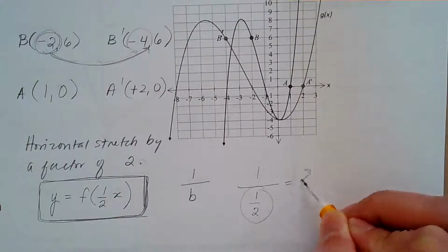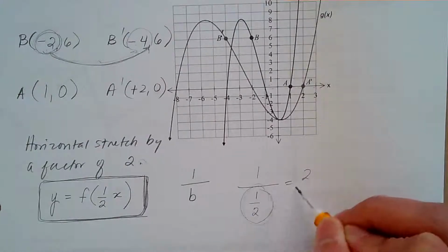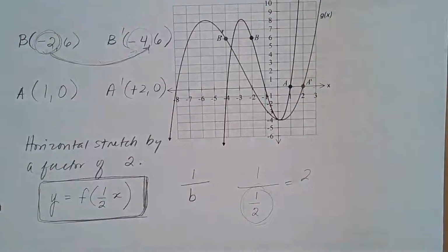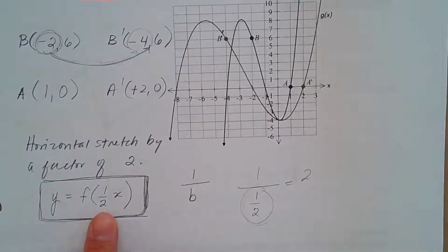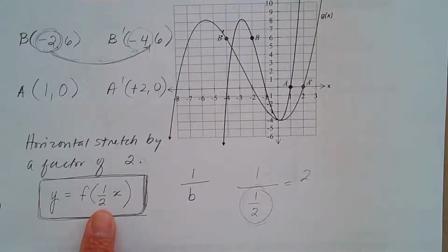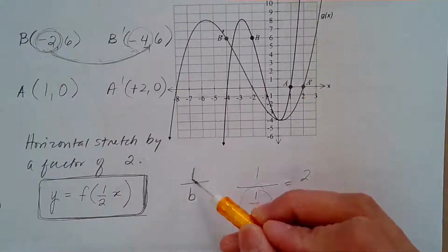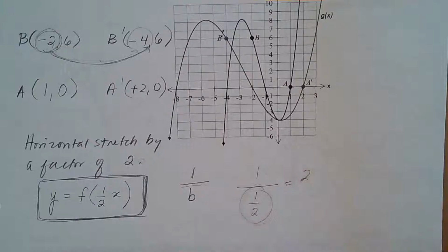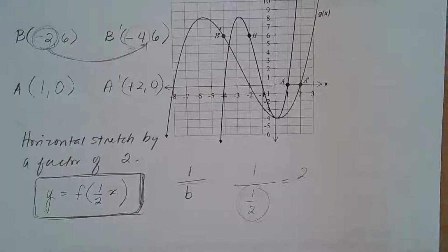If we do that, 1 over the B will give us the 2. Is that good? Did I answer your question? This is a confusing one, because when you think of a factor, if you multiply by 1/2, isn't it supposed to be getting smaller? But not in this case, because we want the reciprocal, 1 over B. Okay, good.